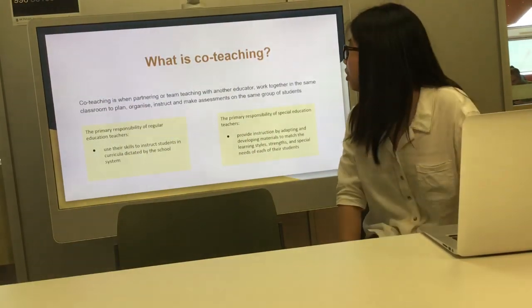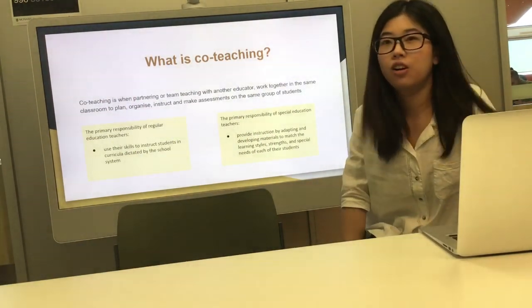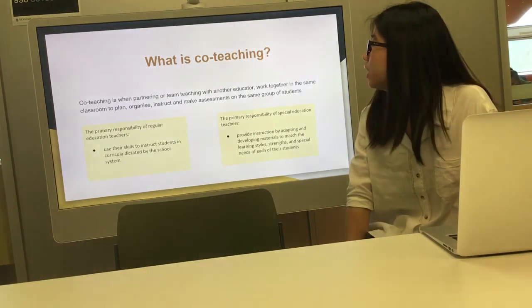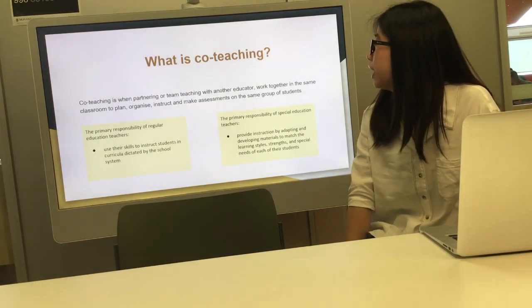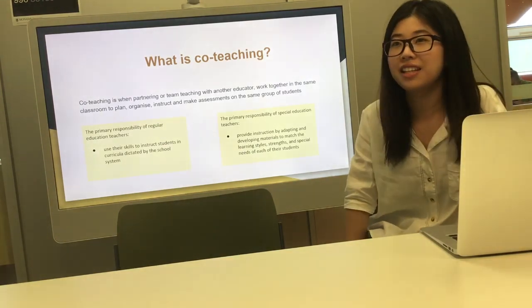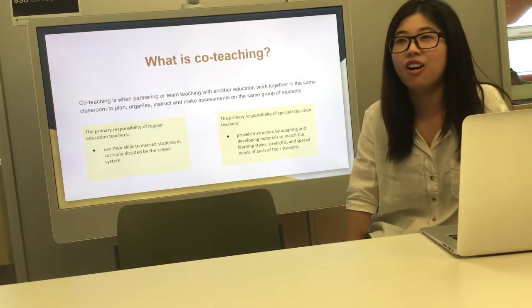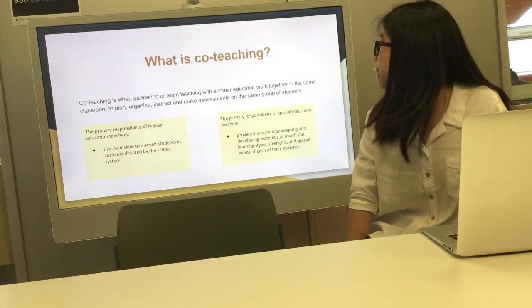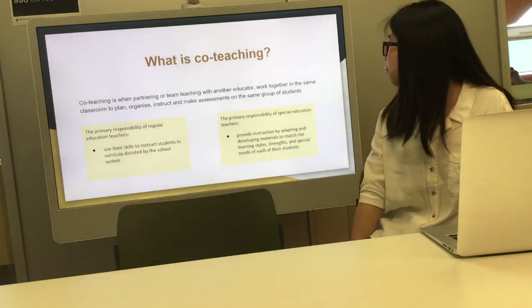Hi, so I'm going to talk about what co-teaching is. Co-teaching is partnering or team teaching with another educator. They work together in the same classroom to plan, organize, instruct, and make assessments on the same group of students.